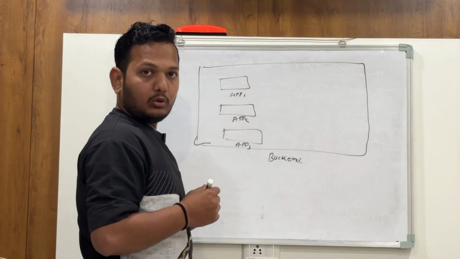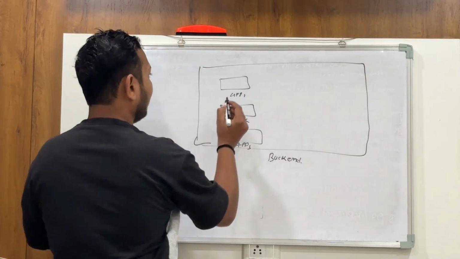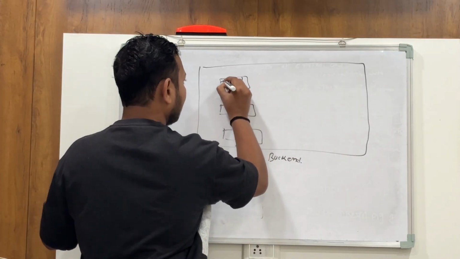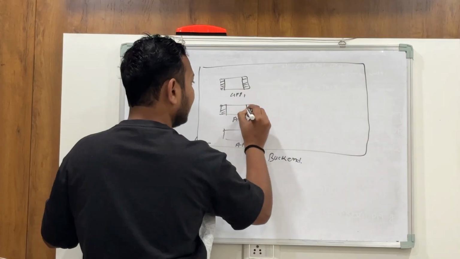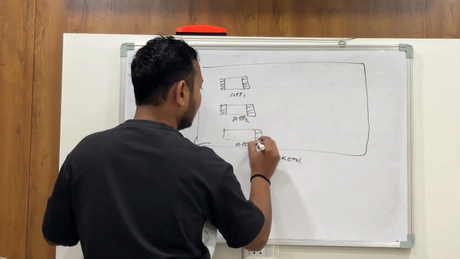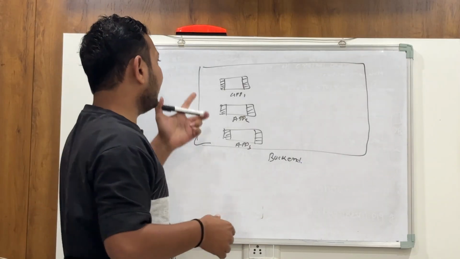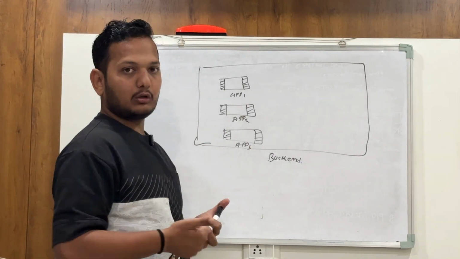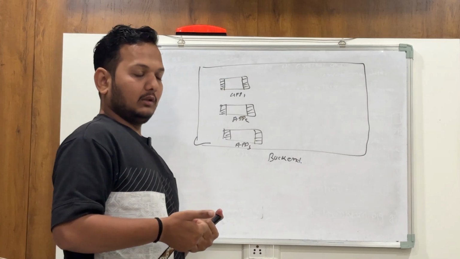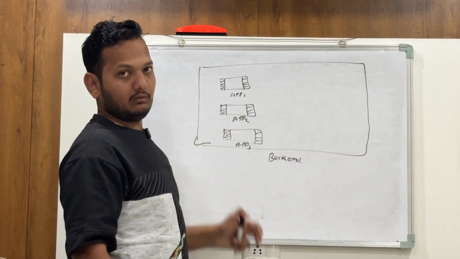If we store data in every app server, that is called local storage. And if we store any data into the app server, it will not be a stateless architecture, because we are storing state in the app server.